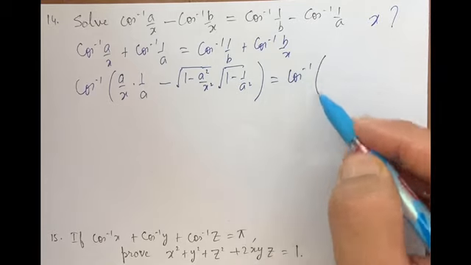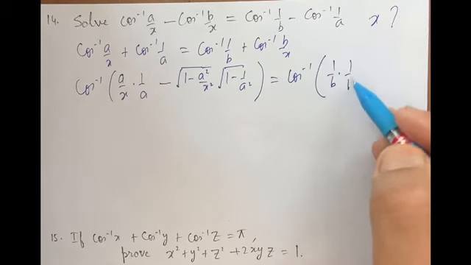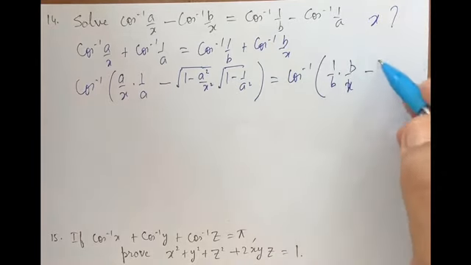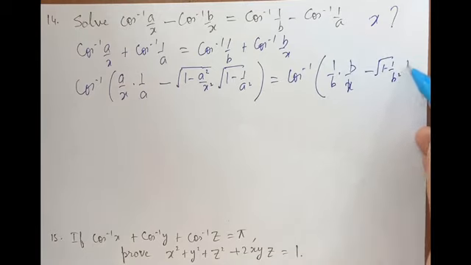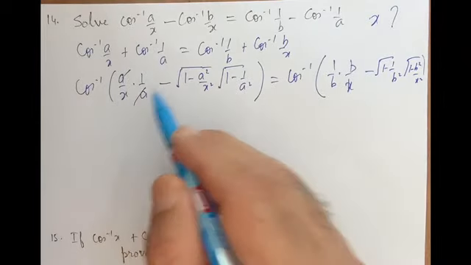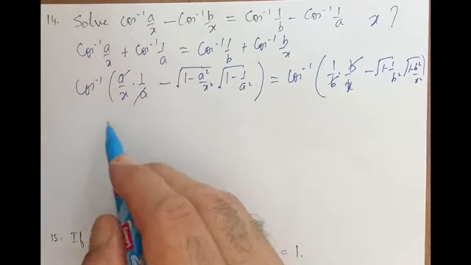This is cos inverse of 1 by b into b by x minus root of 1 minus 1 by b square into 1 minus b square by x square. This a will cancel out, here b cancels.